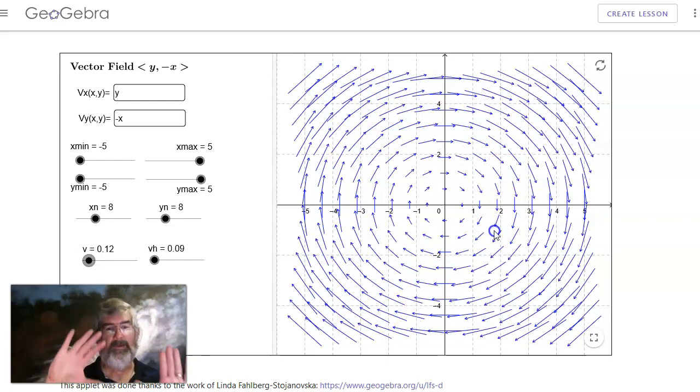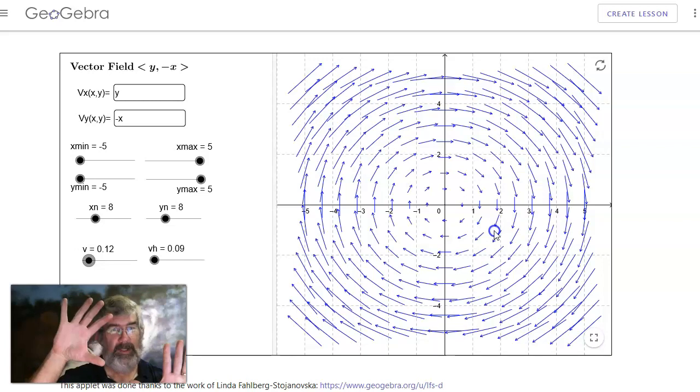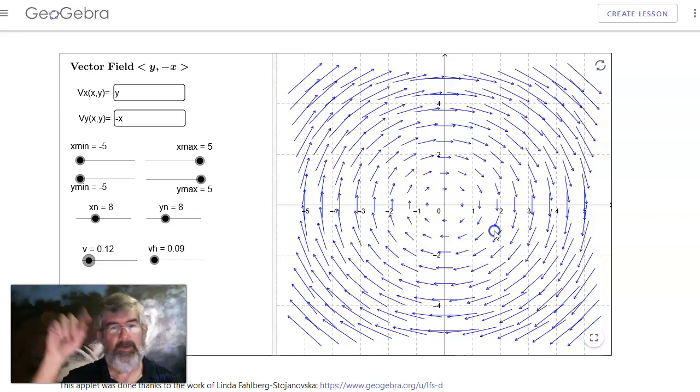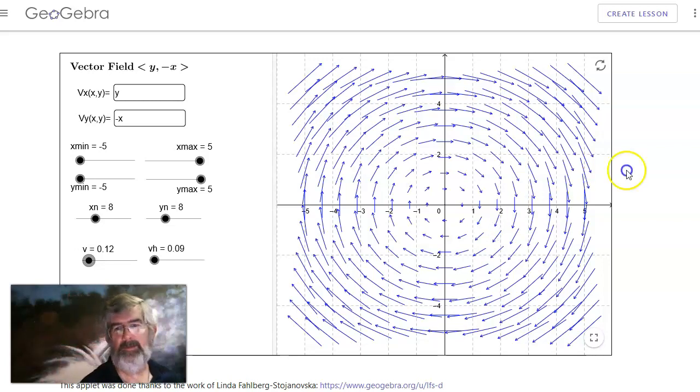In fact, if you take a flat thing and rotate it around some center, and it's a rigid thing, the stuff on the outside has to be moving faster than the stuff on the inside, because they make one cycle in the same amount of time, but the outside one travels a much bigger distance than the inside one. And so this would be a velocity field for such a situation, rotating around the origin. As I move outward, you have to have greater speed in order to keep up with the stuff that doesn't have to move as far.